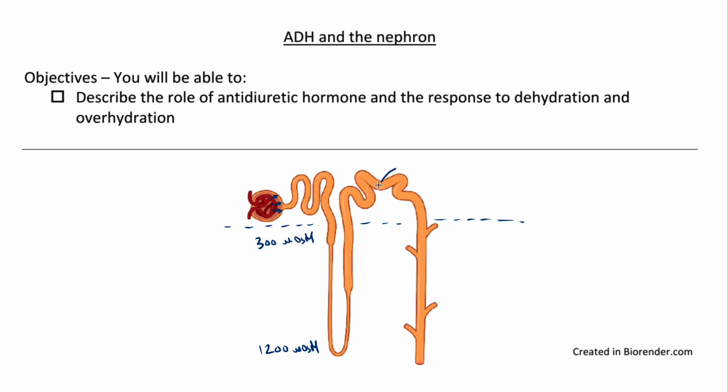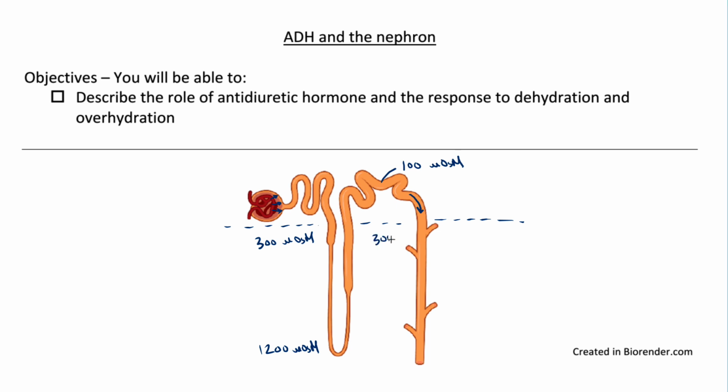The filtrate in here has an osmolarity of about 100 milliosmolar, which is more dilute than blood, which has an osmolarity of about 300 milliosmolar. As this 100 milliosmolar fluid enters into the collecting duct, which is here, it's entering a region with increasing osmolarity surrounding the collecting duct.